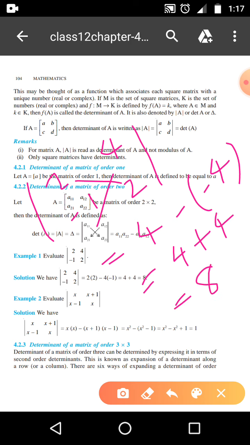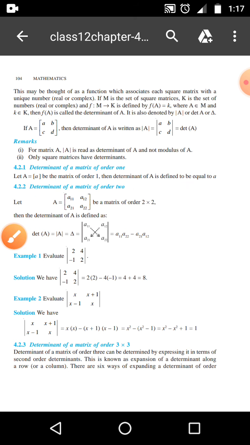Similarly, evaluate this determinant. In the same manner we get x square minus x square plus 1, which is simply 1. So this is the determinant of a matrix of order 2 cross 2.